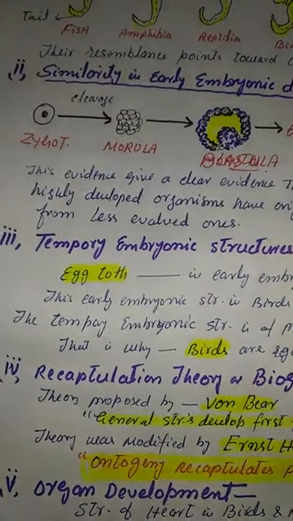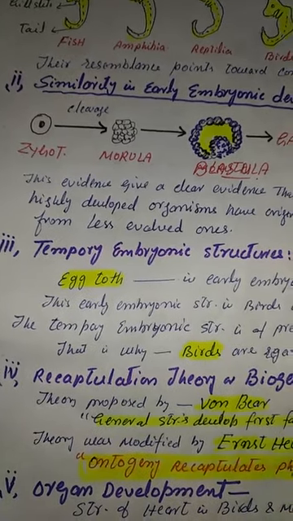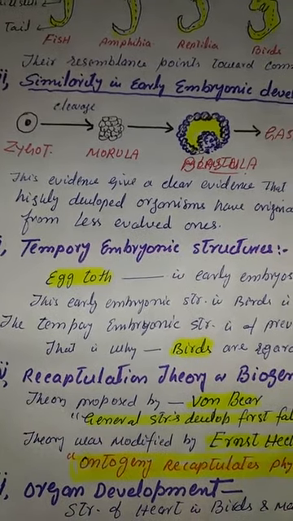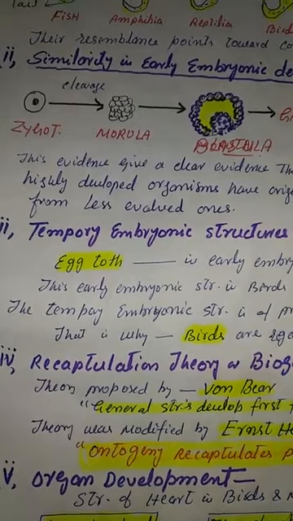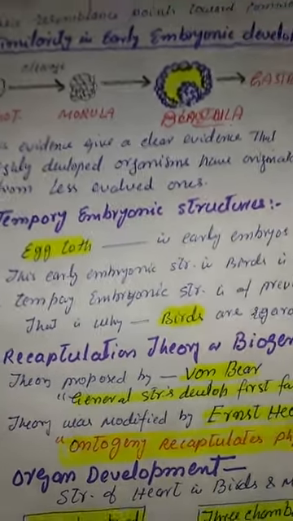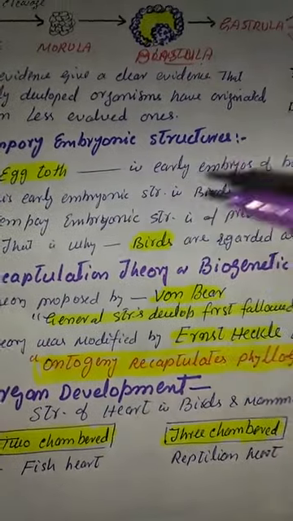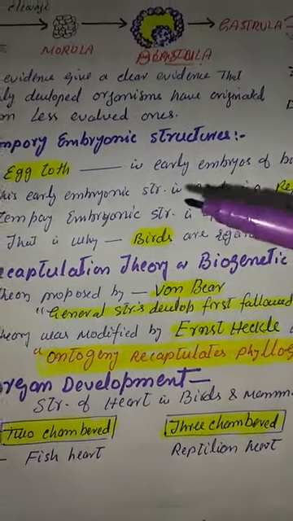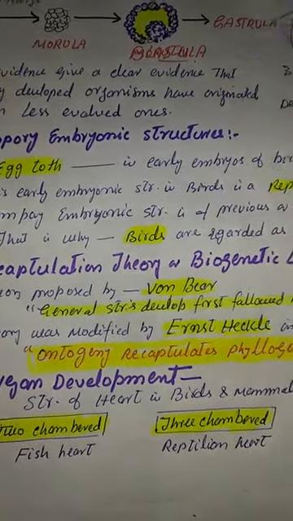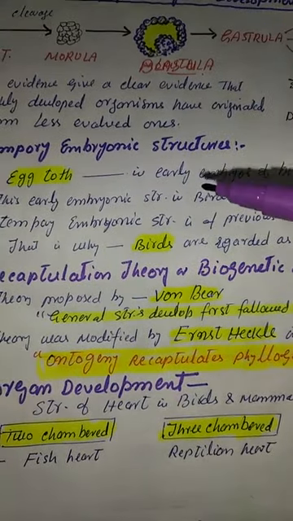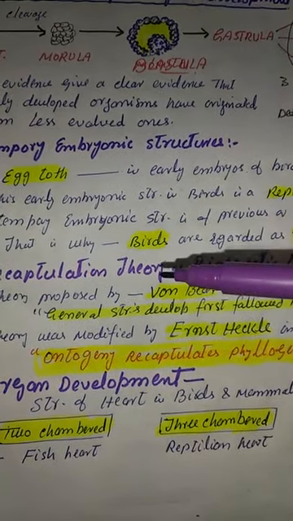Now, another important embryological evidence of evolution is the recapitulation theory. This theory was proposed by von Baer. According to this theory, general structures develop first, followed by special structures.